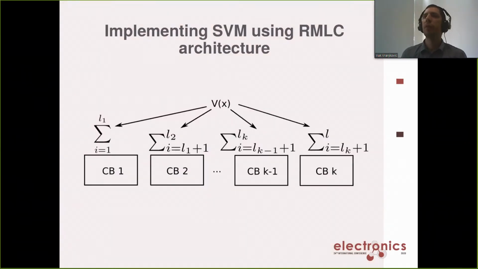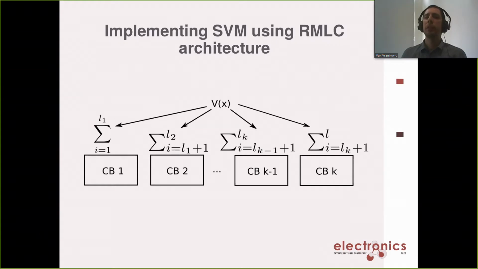And then we design architecture which can take advantage of sparse support vector machine. We have our previous work, RMLC architecture, reconfigurable machine learning classifier, and we made some changes into that architecture to enable it to skip zeros during calculation.